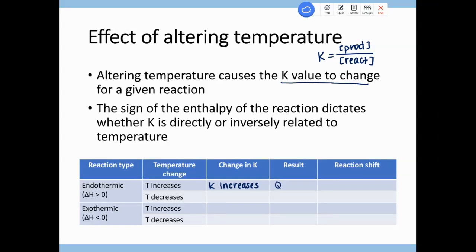We can describe Q. Since K has increased for that reaction with the increase in temperature, Q at that time is less than K, and so the reaction shifts to the right.